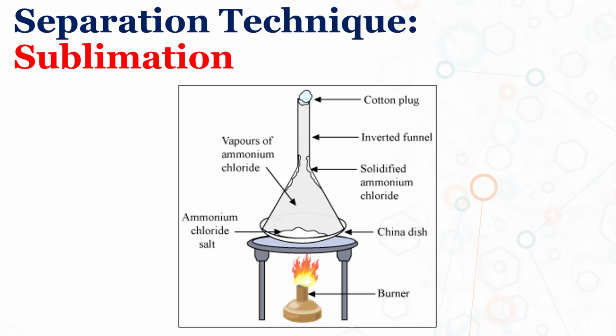That's the burner. We have the china dish and an inverted funnel, which is covered. Then we have the vapors which will be formed inside, and the solidified ammonium chloride forms on the side of the inverted funnel.